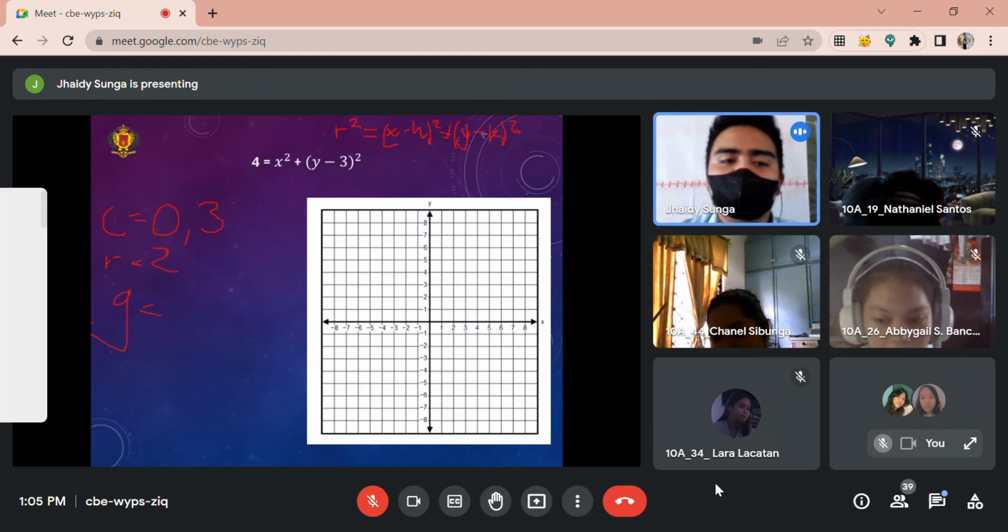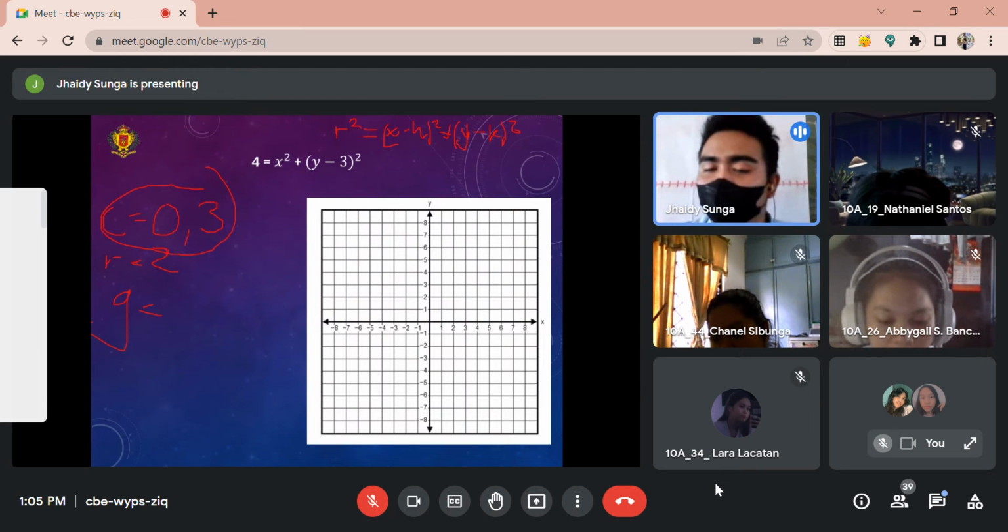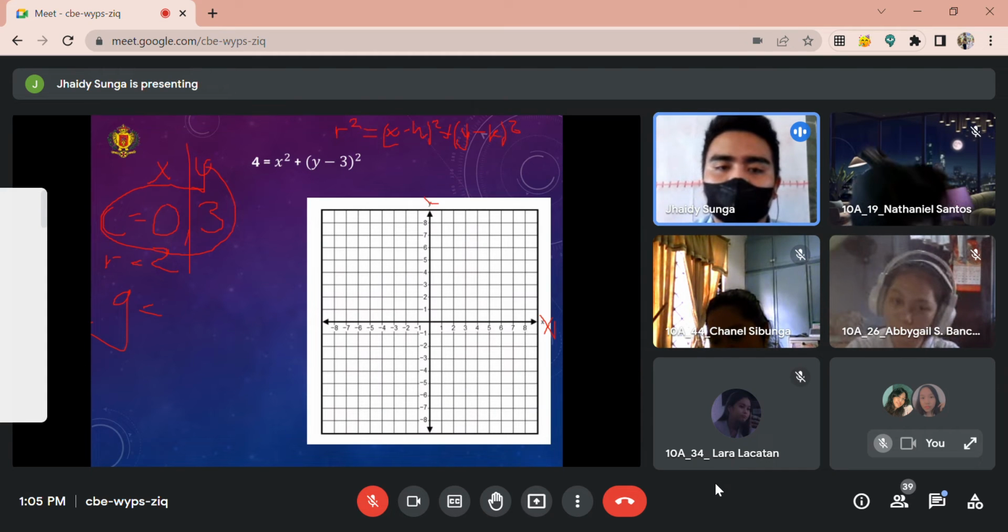So from the equation of the circle that we have, if we are going to plot this one, because as I noticed, until now there's a confusion in plotting. This is our x axis and this is our y axis. X, y.